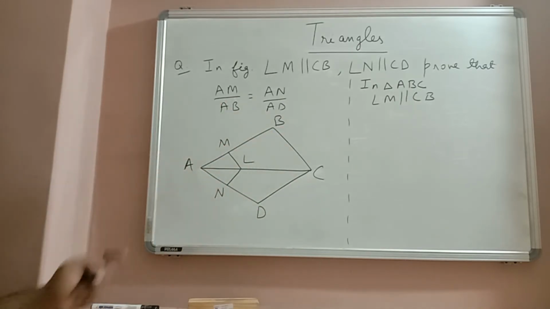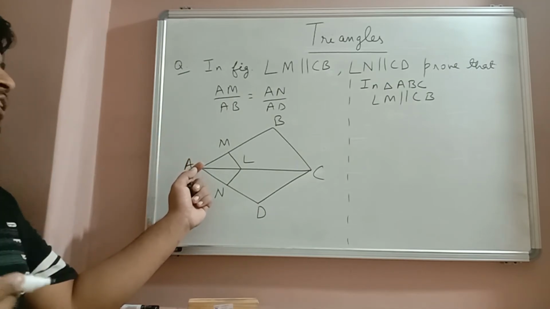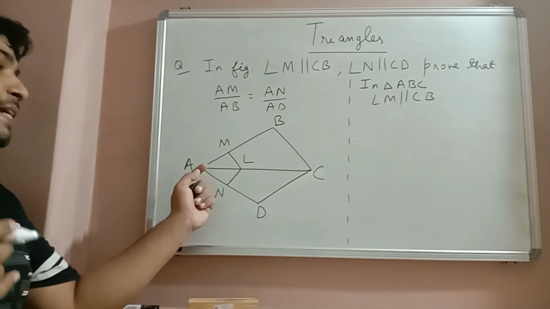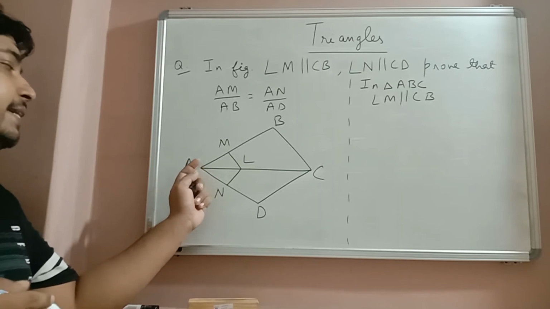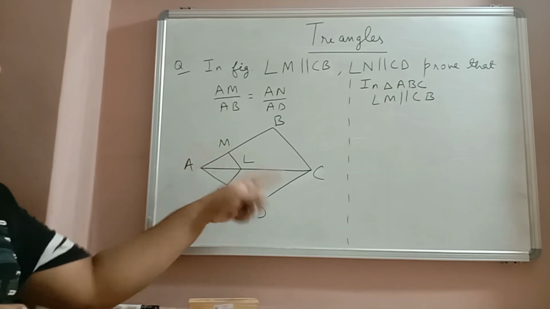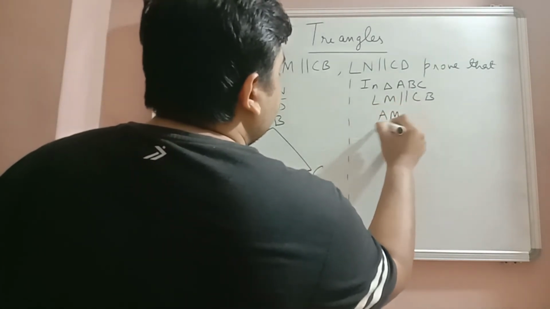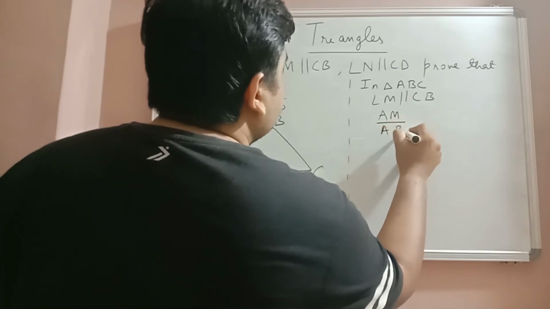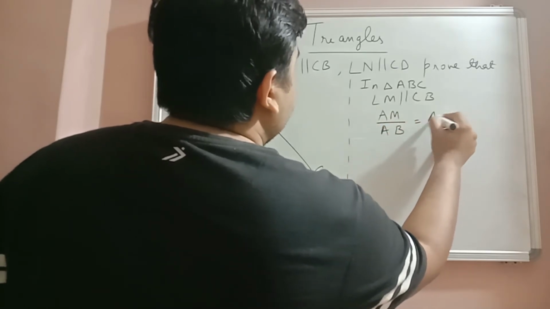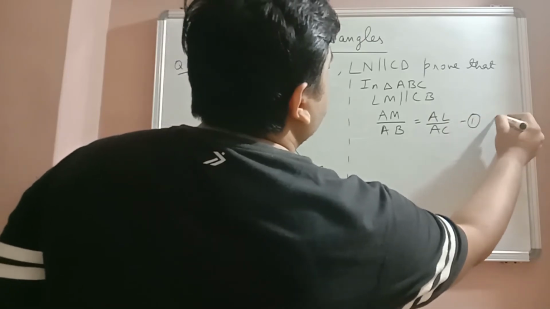So one can say by corollary of BPT, or the modified result, the important result from basic proportionality theorem, that AM upon AB is equal to AL upon AC. So we can write down AM upon AB equals AL upon AC. This is our equation number 1 by BPT.